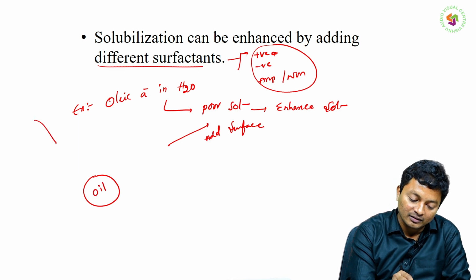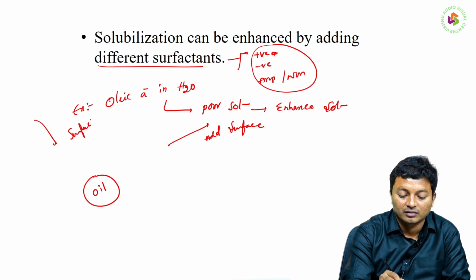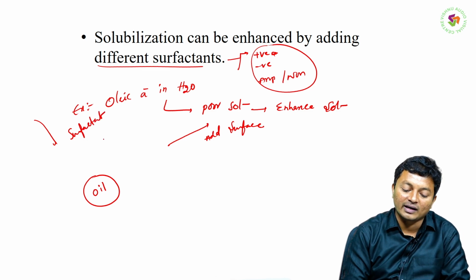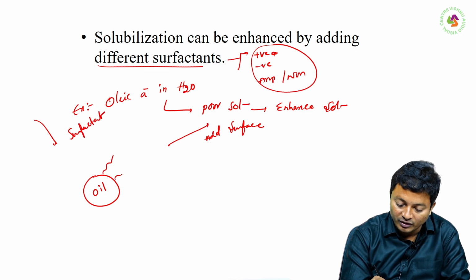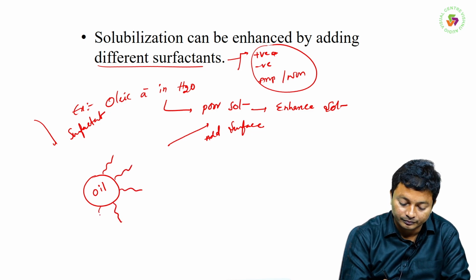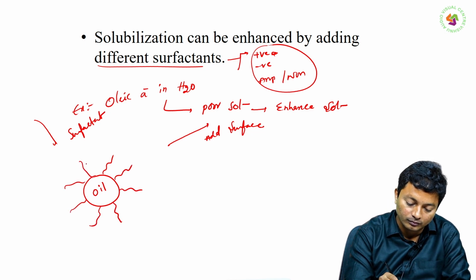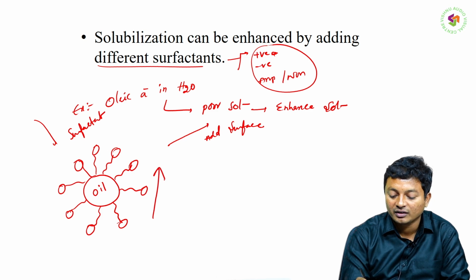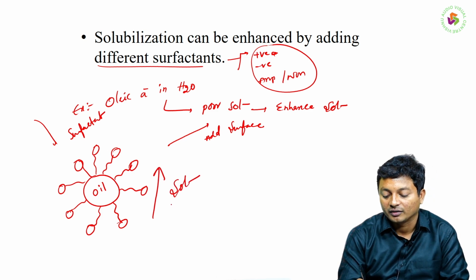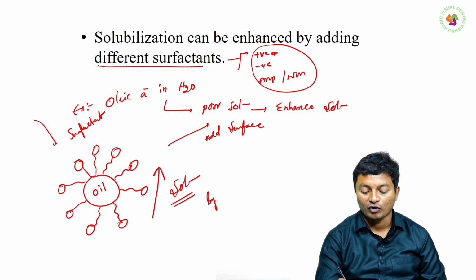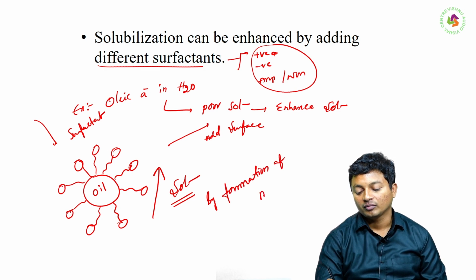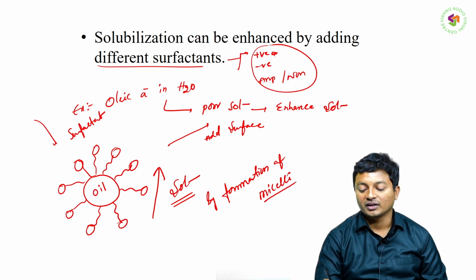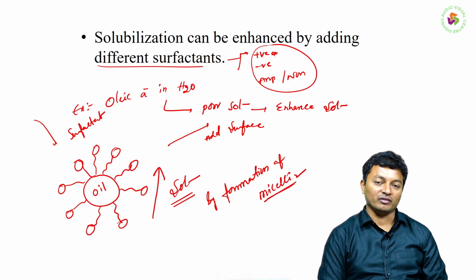When we add surfactant to this oleic acid substance, the tail portions will form like this, and thus it may increase the solubilization property by formation of micelle. We discussed this micelle in detail in the previous classes.